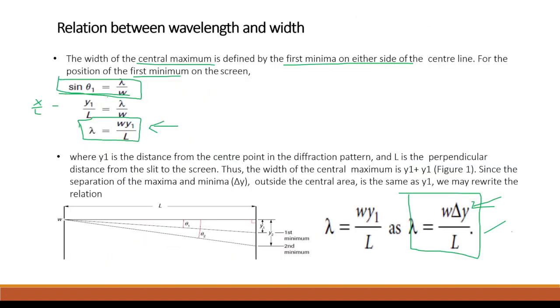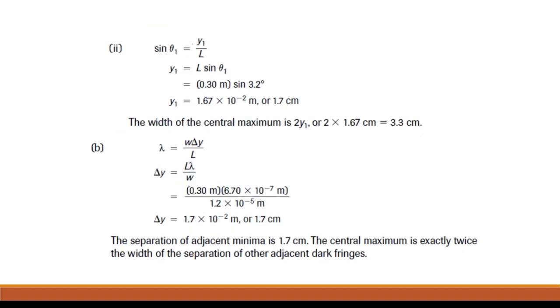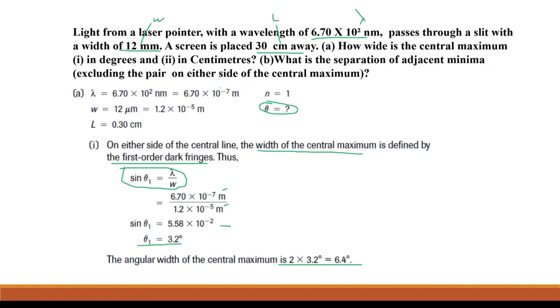Before we said that sine theta was equal to y1 over L. So we use this formula here, and we rearrange for y. We know L, and we just found the theta from last time, the theta that gives us a sine theta value of lambda over w, which is the first order dark fringe.